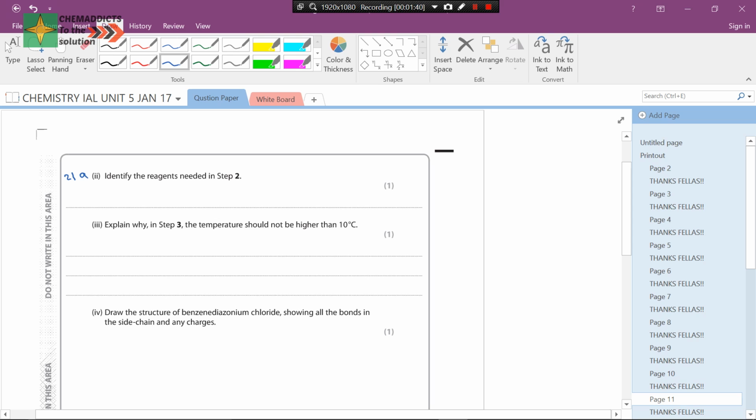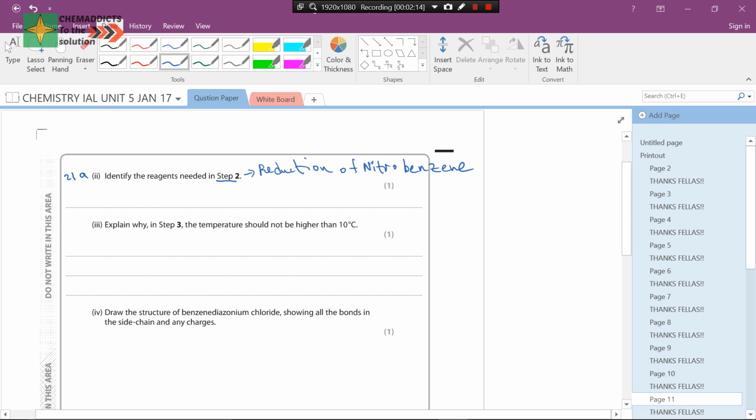Let's talk about this at first. Identify the reagents needed in step 2. We have come to know that step 2 is the reduction of nitrobenzene.